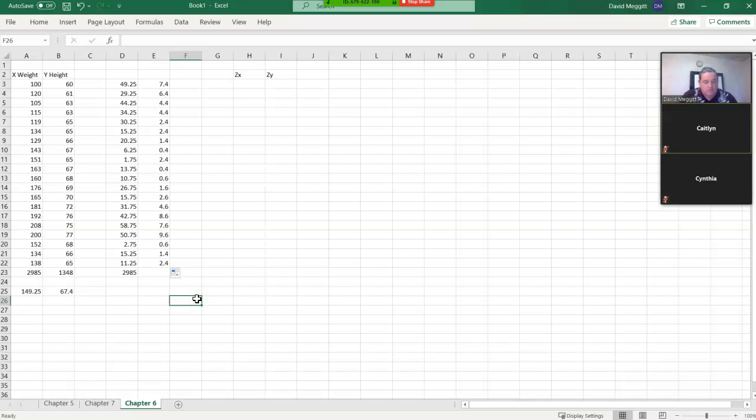So now we are looking at the sum of zx and zy.